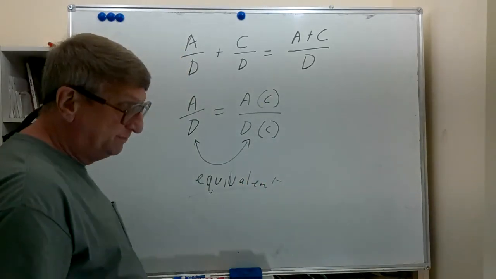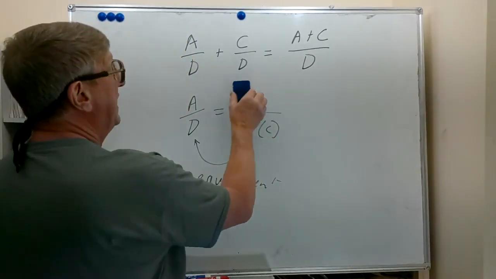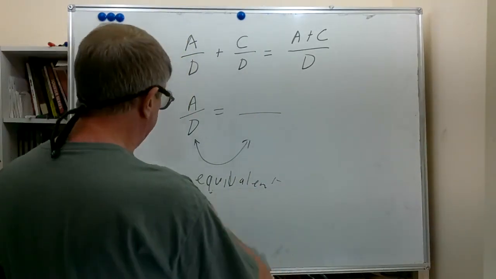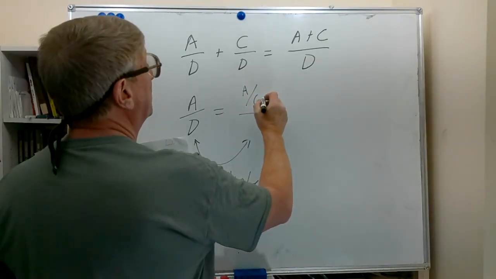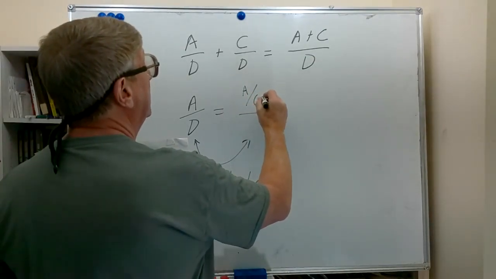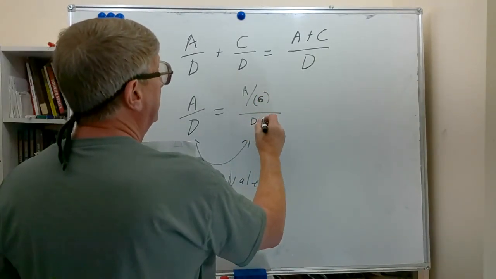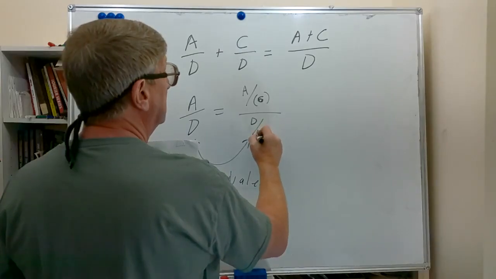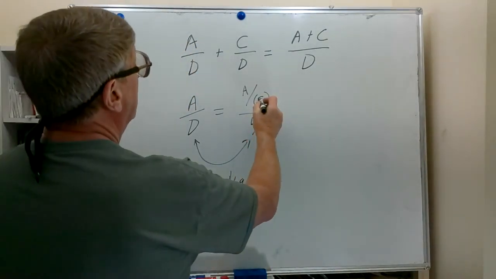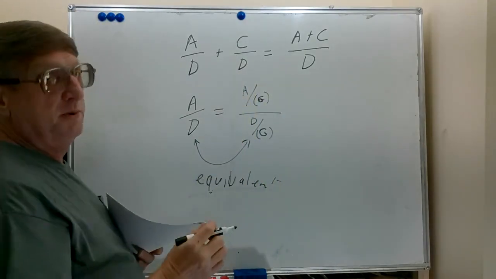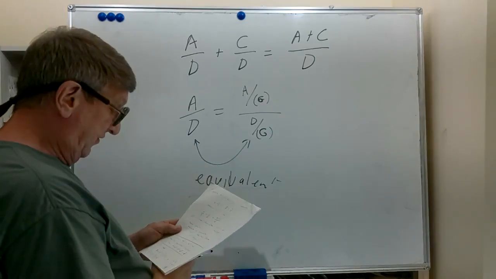By the same token, if rather than multiplying, we did a divided by, we'll call the number g this time, a divided by g over d divided by g, or any similar number, as we do the same division to the numerator as we did to the denominator, we still have equivalent fractions.